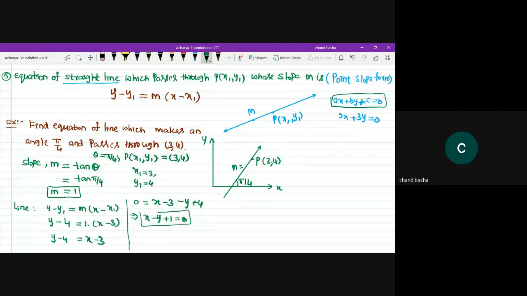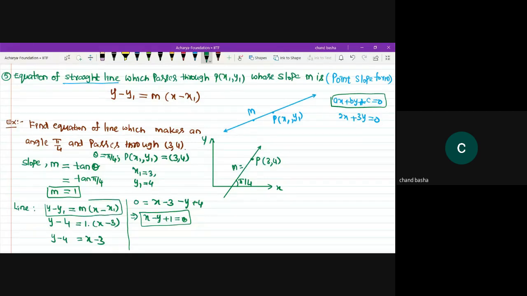So how are we proceeding? Let's see here. First, angle of inclination. The inclination with respect to the positive x-axis is given, and the point on the line is also given to you. Whenever one point and a slope is given, we can make use of the formula y minus y1, the point-slope form.